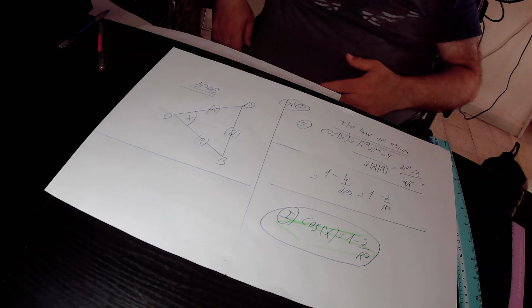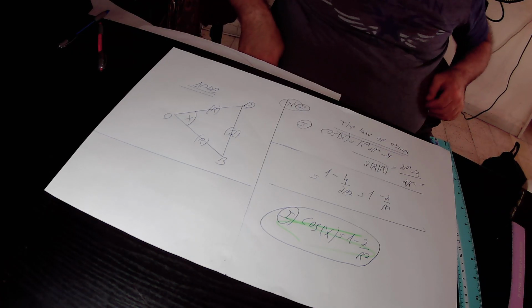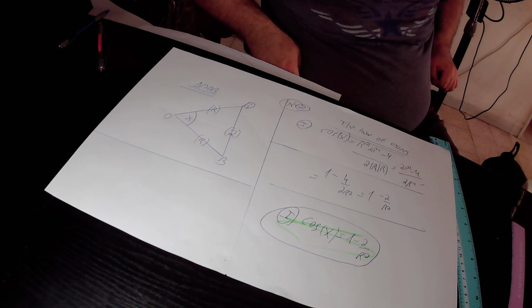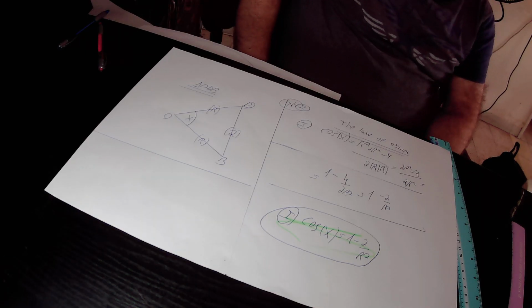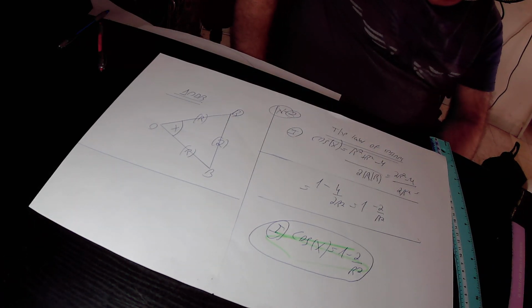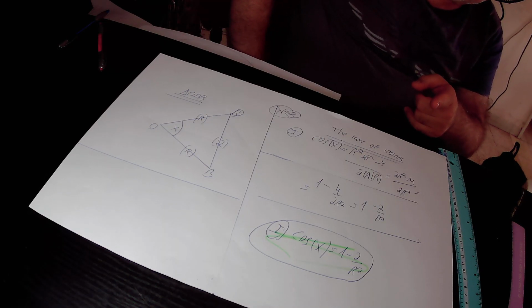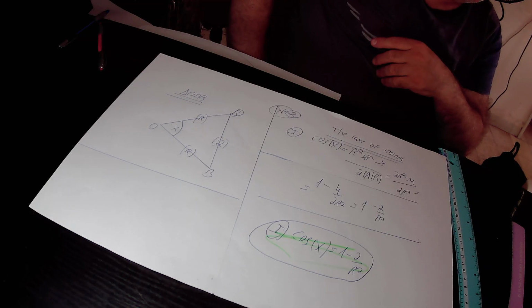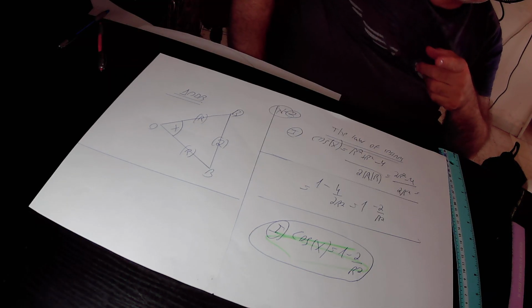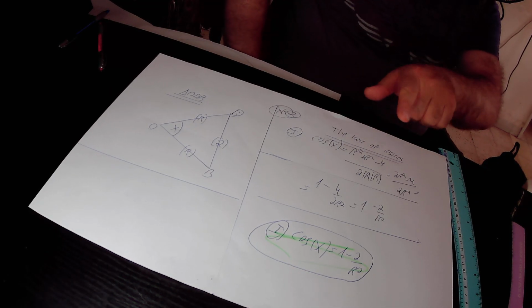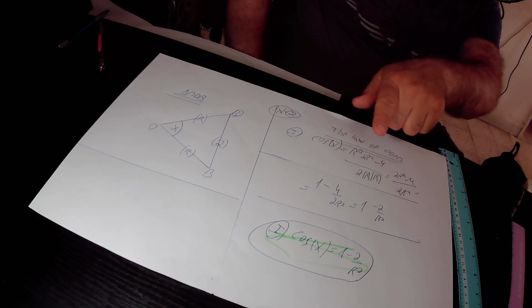So according to equation 1, cosine x equals R squared plus R squared minus 4 over 2 times R times R. R squared plus R squared is 2R squared. So in total, in the numerator we have 2R squared minus 4, divided by 2 times R times R, which is 2R squared. Here 2R squared over 2R squared is 1, and we also have minus 4 over 2R squared.